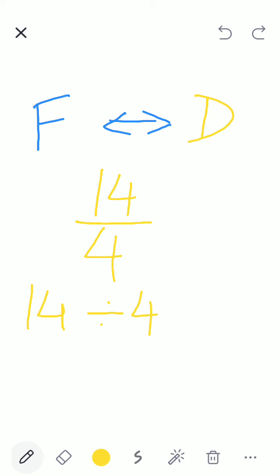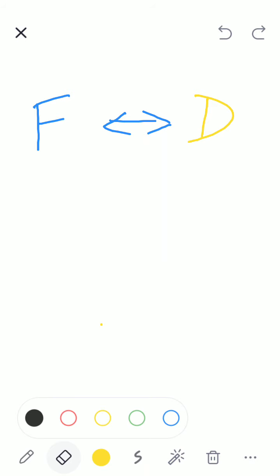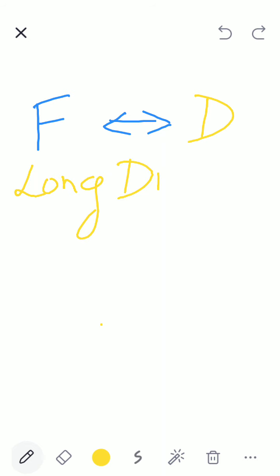What is the answer if I want to convert this to decimal? What will I do? I'm doing division, no? Long division. What did I say? I said 14 divided by 4. Okay?